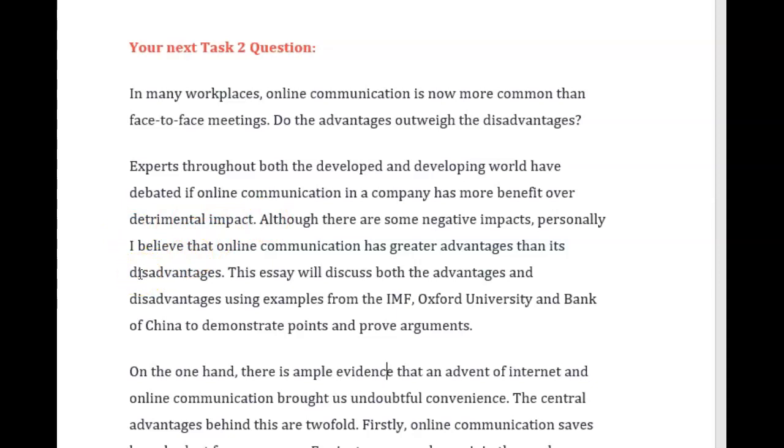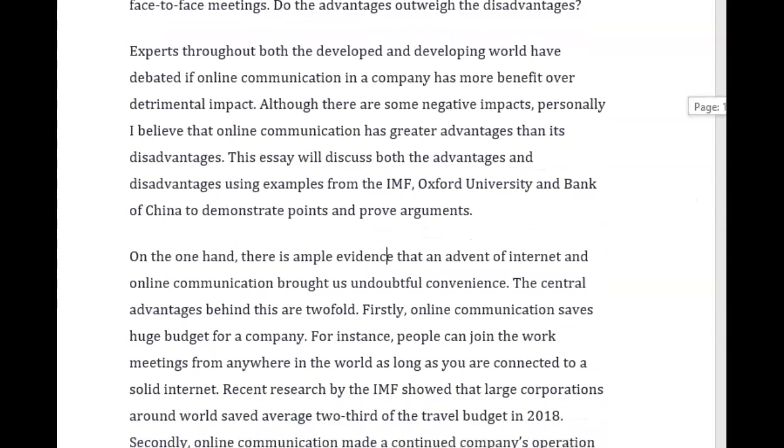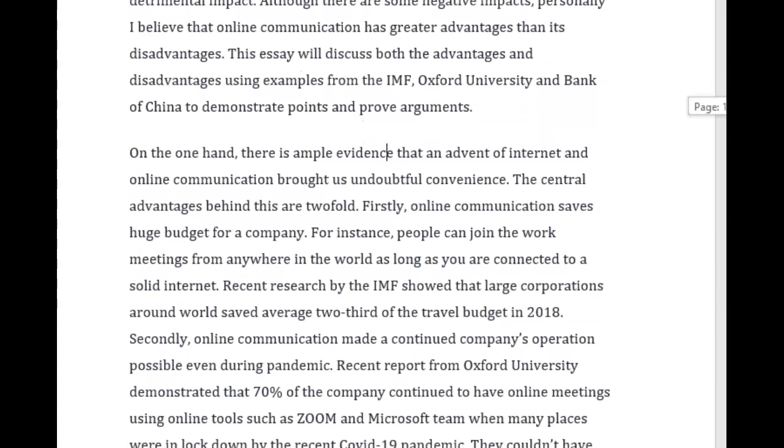Or this gives it a distinct advantage over face-to-face meetings. Something like that. And then when you're talking about the disadvantages of this trend, that we're doing more and more of this, you could say, well, this is a real problem with online meetings that we wouldn't have if we continued to have face-to-face meetings. Okay? So that's what I want to see here.